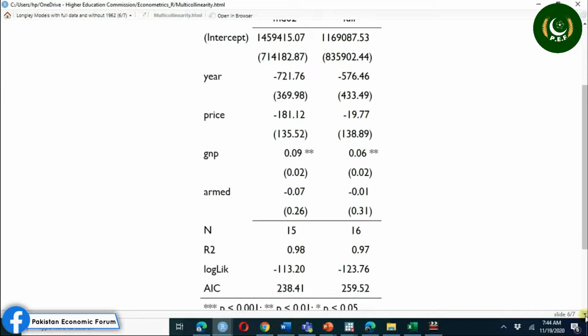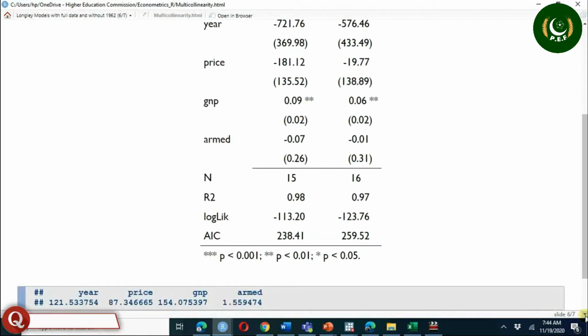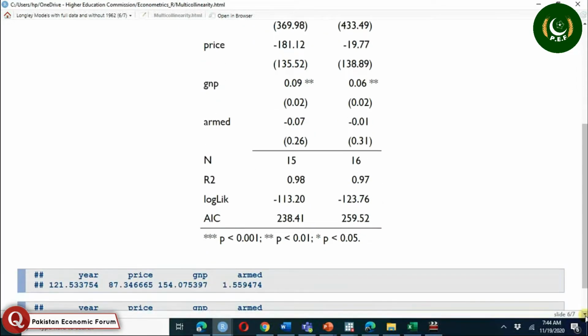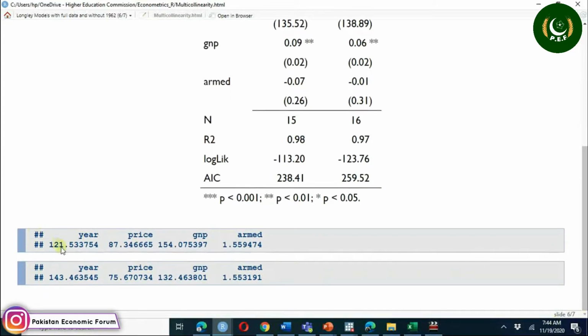Your R square is still very high, and this is how you can do it. The variance inflation factors for all of these are, you see, very high. All these variance inflation factors are greater than 20, greater than 10 as well.